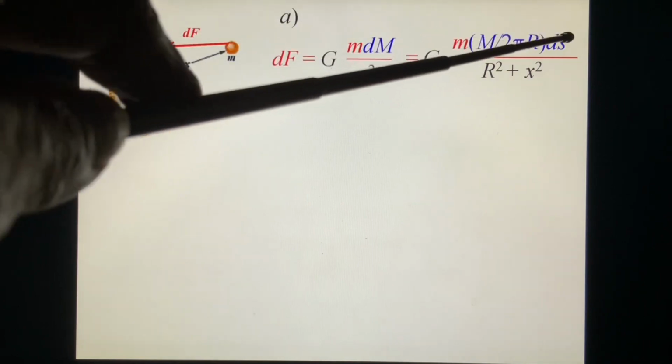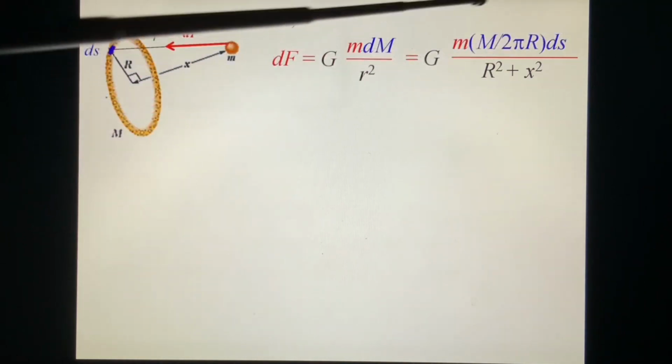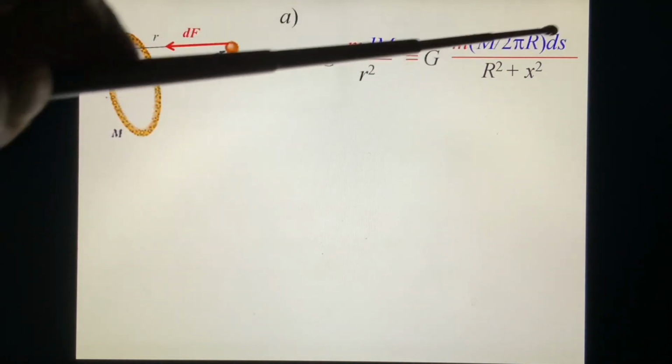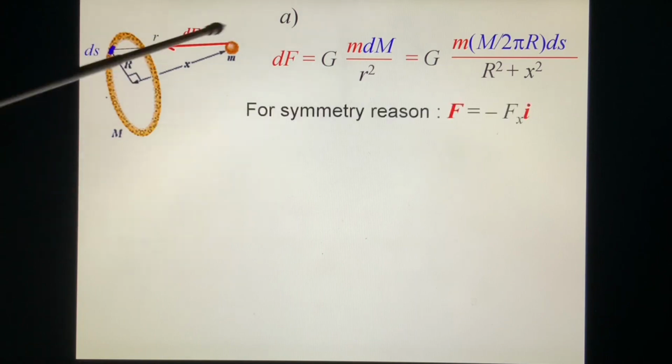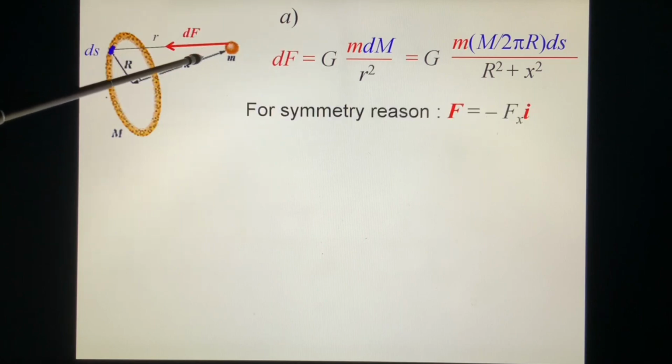And we times the length ds, so this is the dm related to ds. Now, the resultant force must be along the central axis by symmetry. So the total F equals Fx.